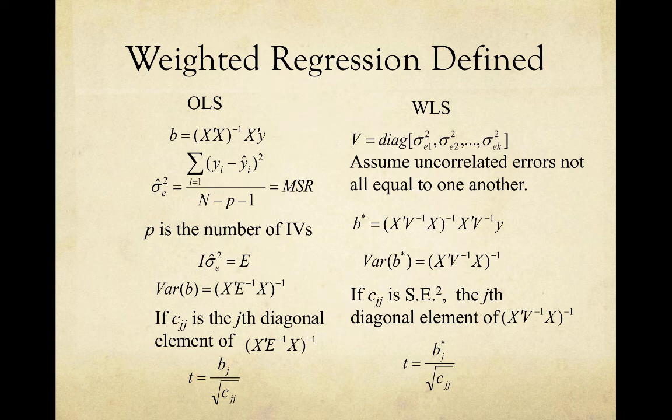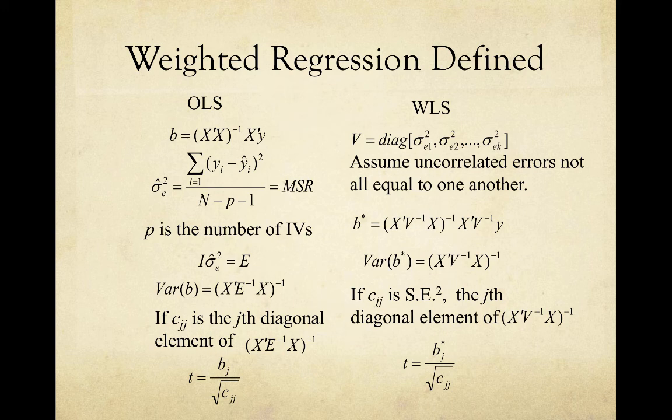So here we've got the estimates of B star, and here we've got the variance of B star, where we've substituted for that error matrix. We've got this matrix V, which has the errors in it. We also have the main diagonal, and then we pick the JJ element for that. Then we take the square root of that. That is our standard error.